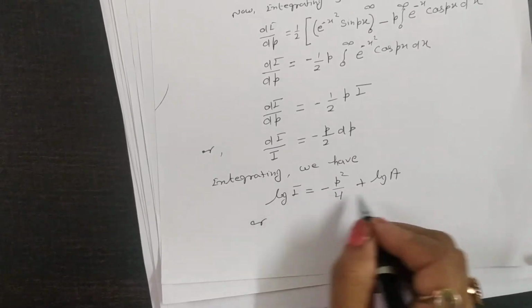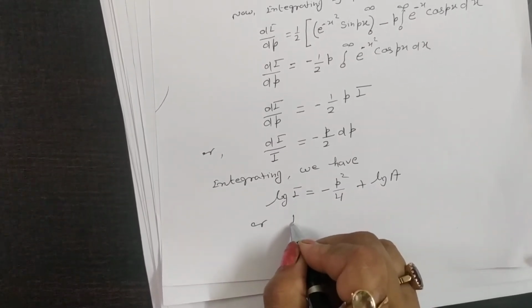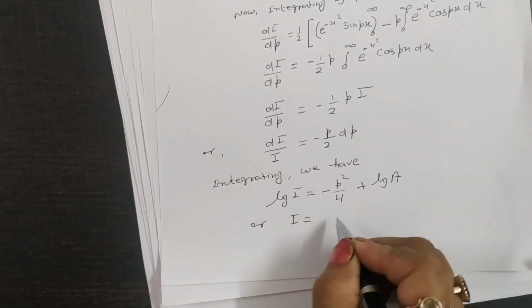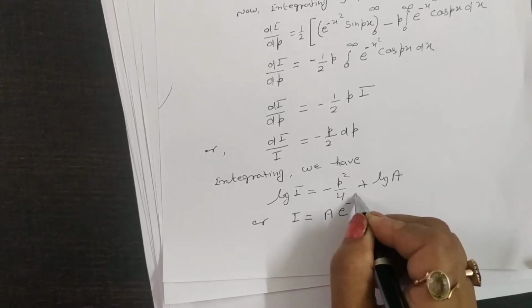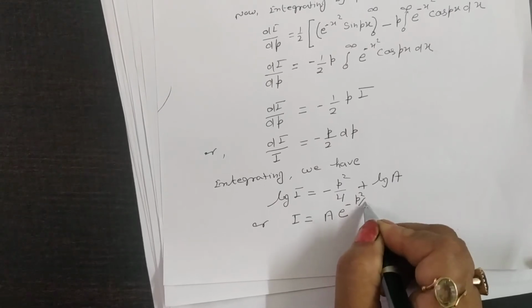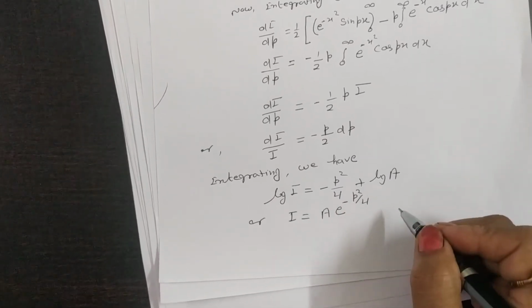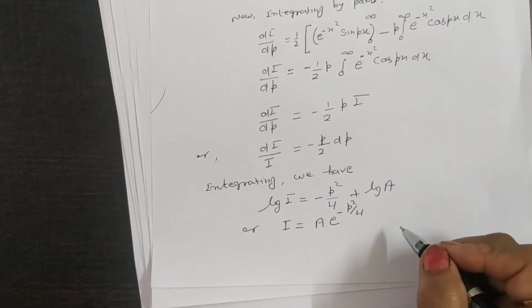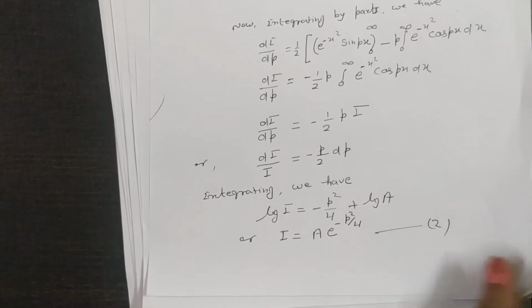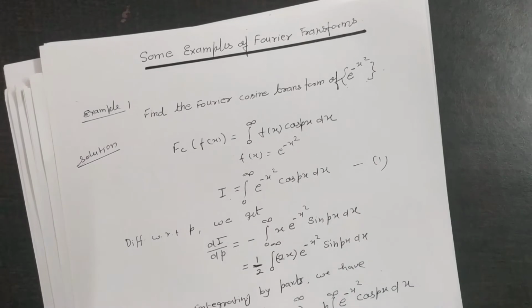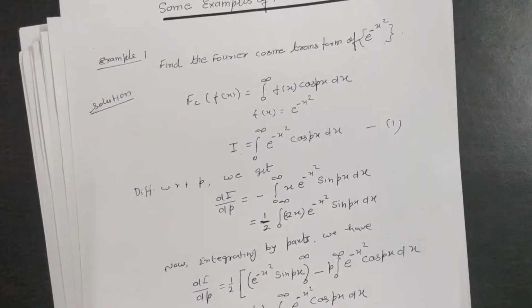Taking the exponential on both sides, I is equal to a e to the power minus p square by 4. Let us call this equation 2.